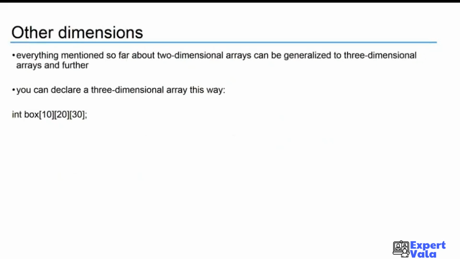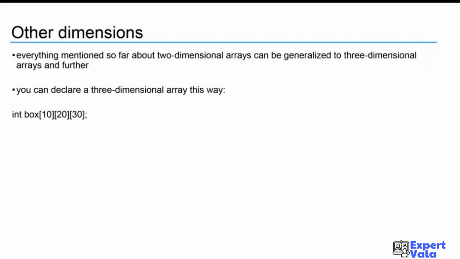So here's an array named box of type int of 10, 20, 30. You might want to use a 3-dimensional array maybe if you were storing XYZ values of some sort, but you probably would not need to do this. 3-dimensional arrays are really not common.